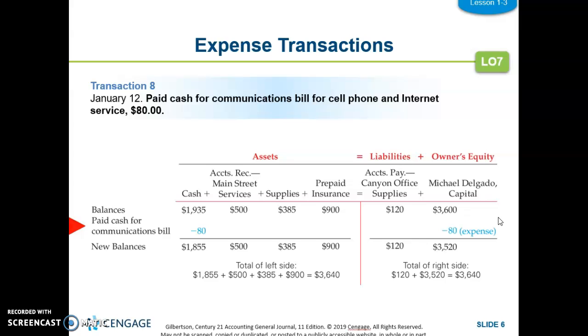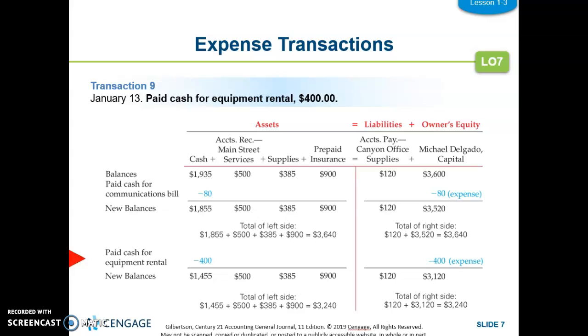And just like when we had a revenue transaction, we wrote revenue in parentheses, for our expenses, we will write expense in parentheses. This is another example on January 13th where we paid cash for equipment rental, $400. We would go ahead and decrease our cash by $400, and we would also decrease our capital account by $400 as well.